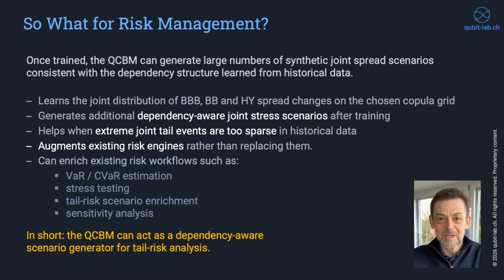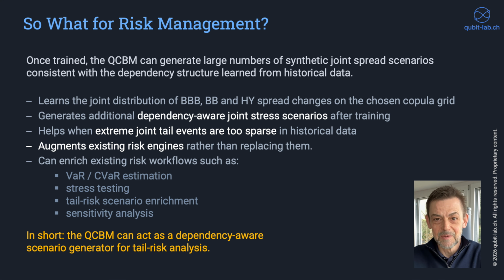Importantly, this does not replace an existing risk engine. It augments it. The generated scenarios can support workflows such as VaR and CVaR estimation, stress testing, tail risk scenario enrichment, and sensitivity analysis. So in practical terms, the QCBM can act as a dependency-aware scenario generator for tail risk analysis.